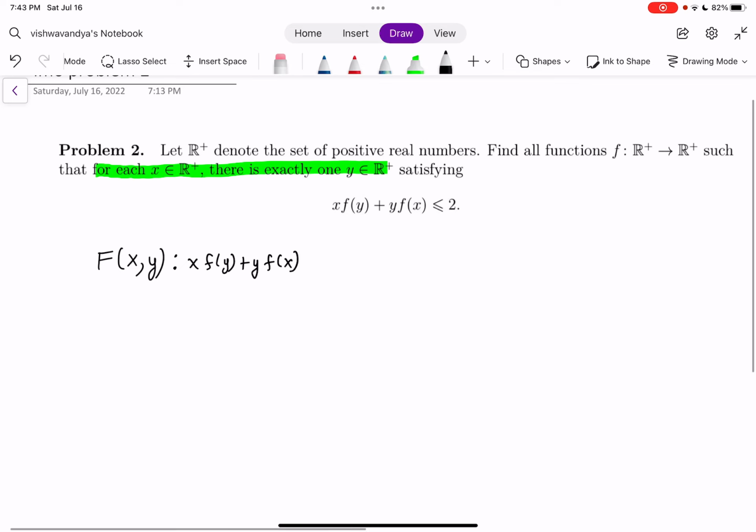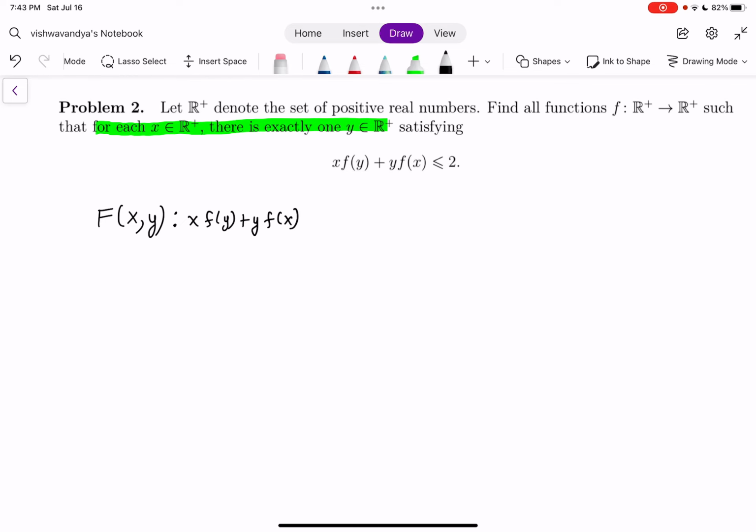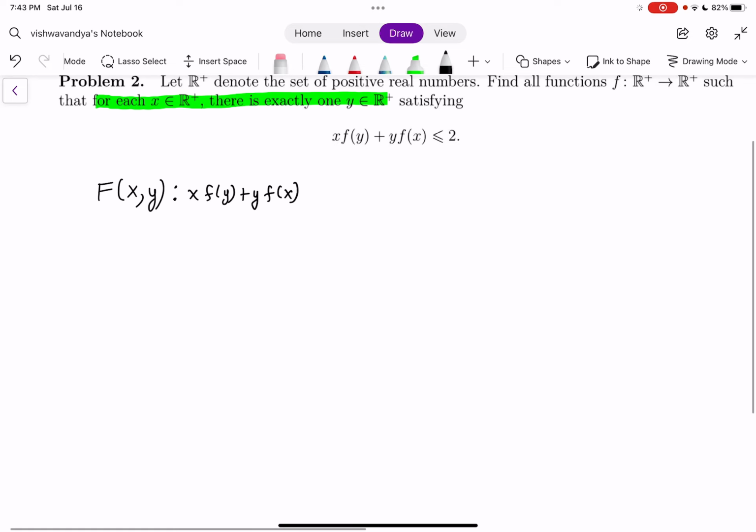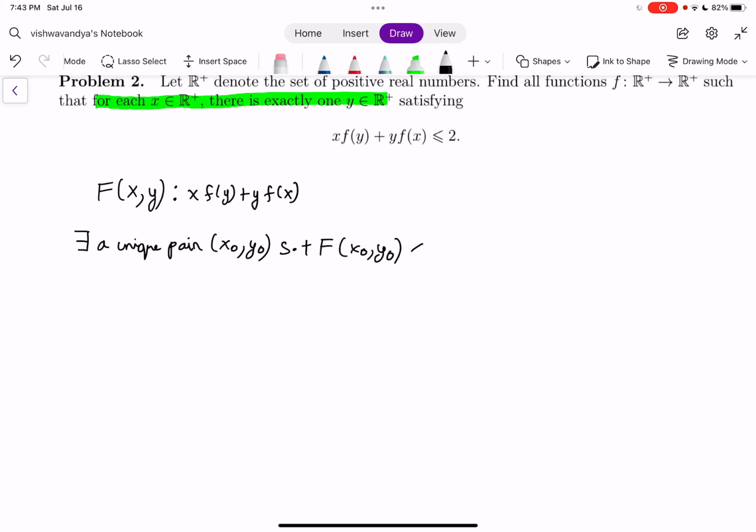So the problem is basically trying to say that there exists a unique pair x naught, y naught such that f of x naught comma y naught is less than or equal to 2.